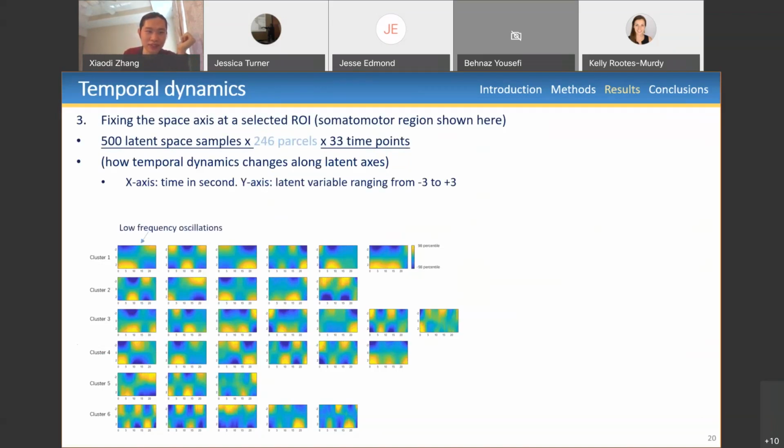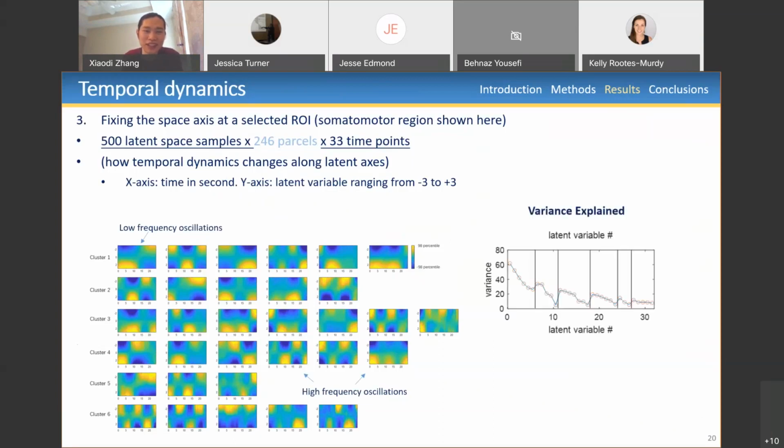And then you can see the first latent variable is showing some kind of low frequency oscillations that you would see in, I guess, the primary gradient. But for those in the back, you start to see very high frequency oscillations that I guess didn't receive too much attention in the past, mostly because the variance they explain is relatively smaller compared to the primary ones.